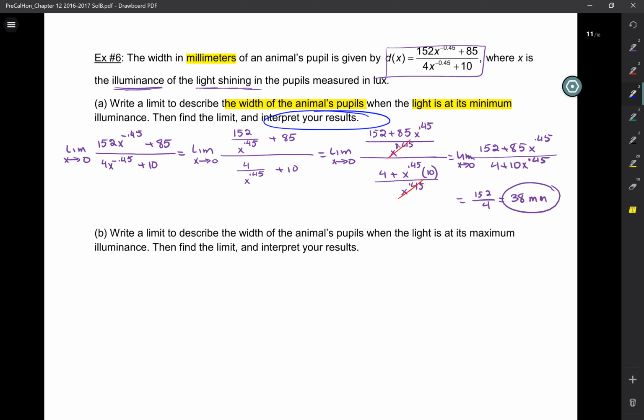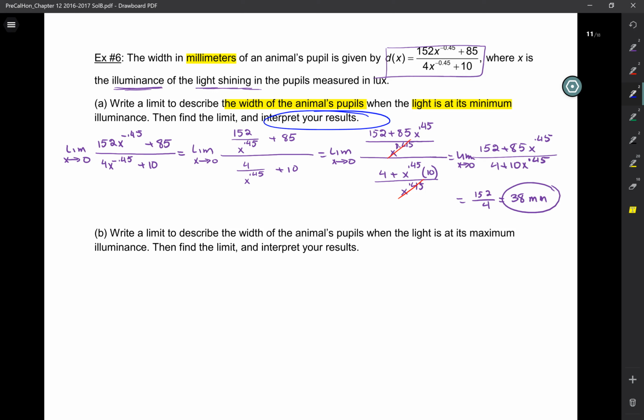Okay, so we plugged in 0 for x. So what it's saying is that it's asking for the maximum width of the animal's pupils.